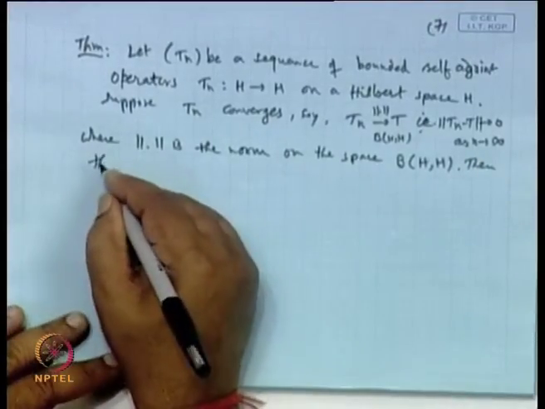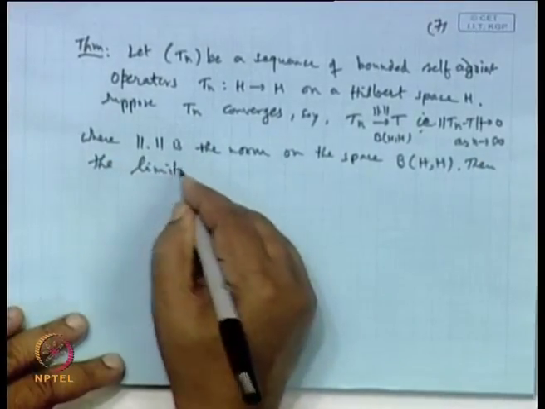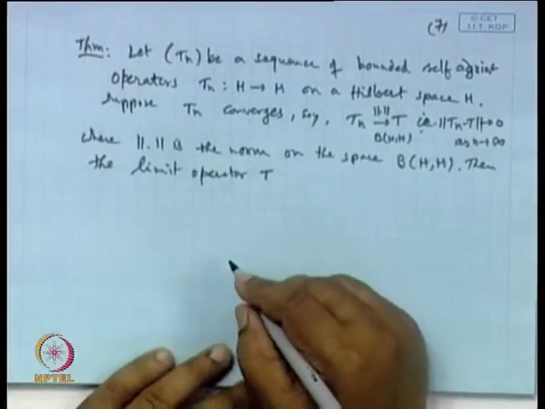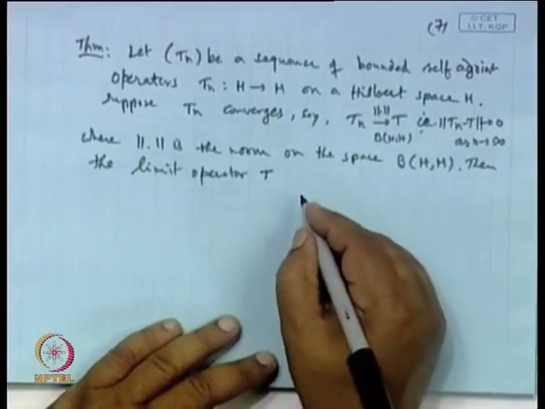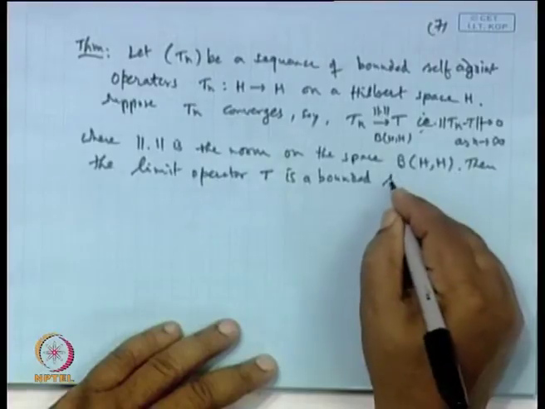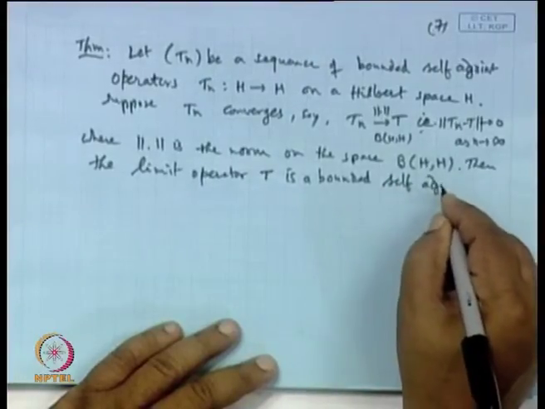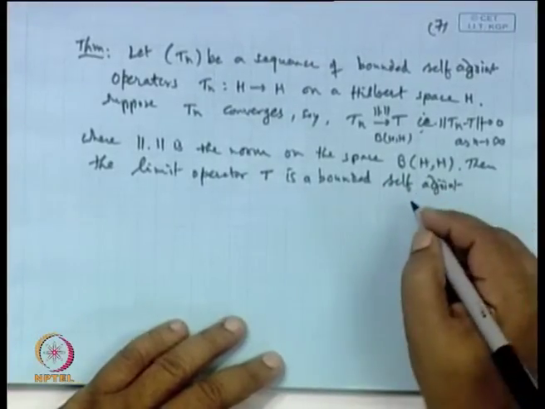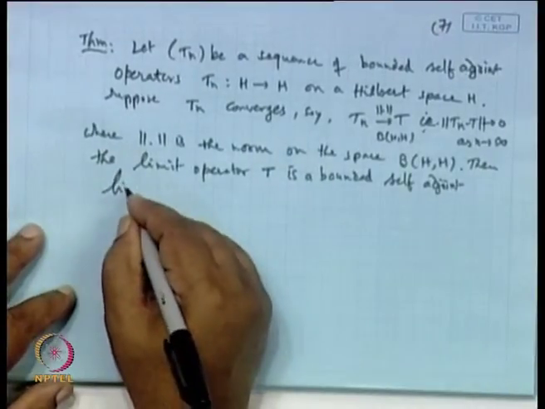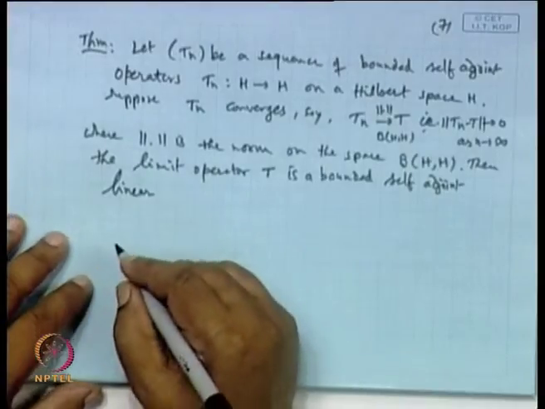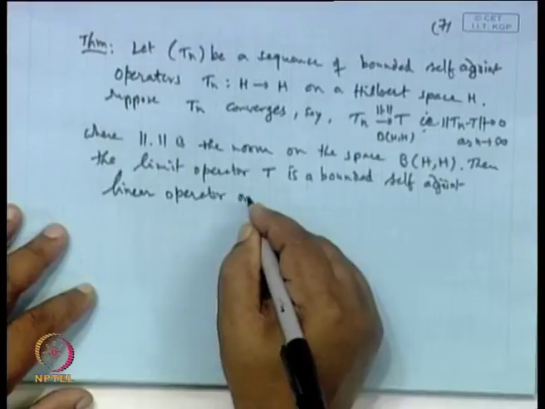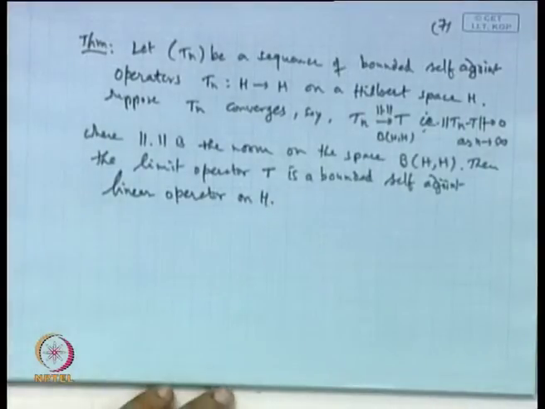Now, what the result says is, then the limit operator T is a bounded self-adjoint linear operator on H. Okay.